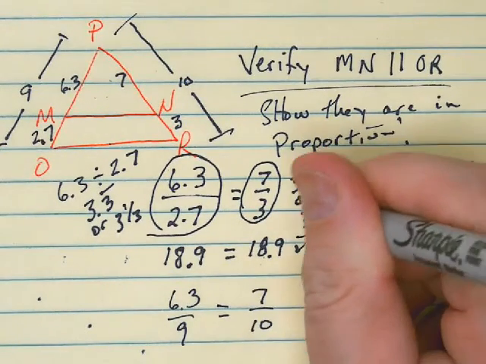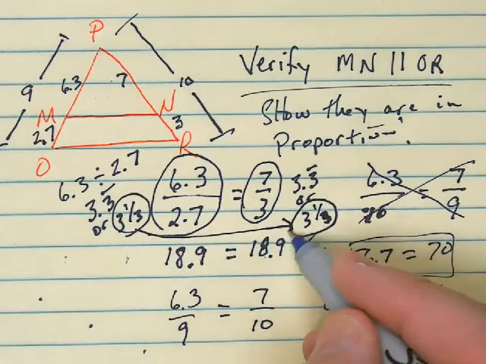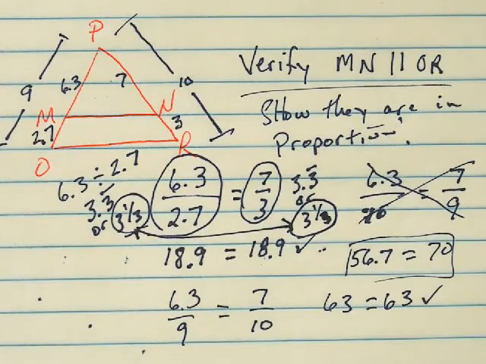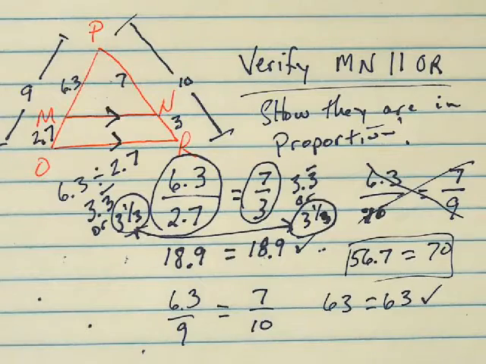Again, we're not cross-multiplying, we're just showing that they're equal ratios. And that works. So it's not using the triangle proportionality theorem and a proportion, but it's still verifying that those lines are parallel. So I could come back and say, yes, those lines are parallel.